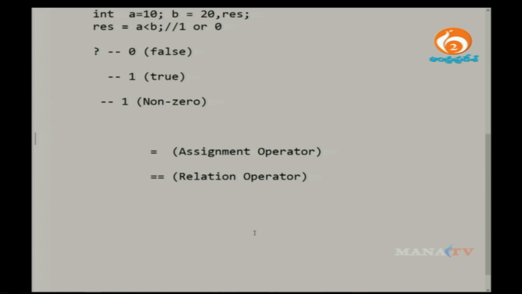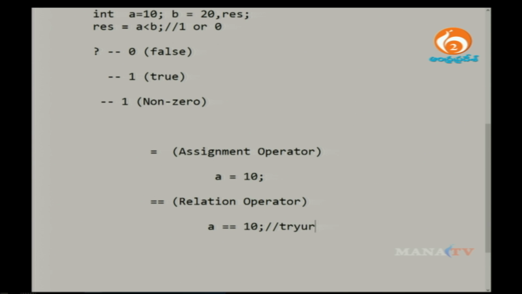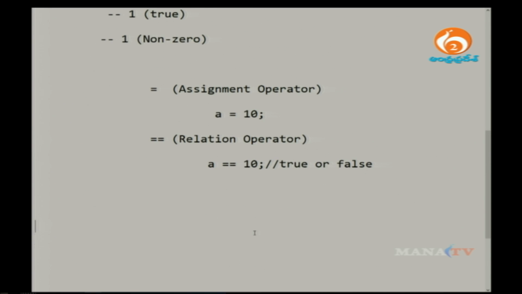What the assignment operator does is that whatever value is present on the right side will be assigned to this particular place. But if I write A double equals to 10, this will return either true or false. Here the equals to operator will check the values present on the right side as well as the left side.